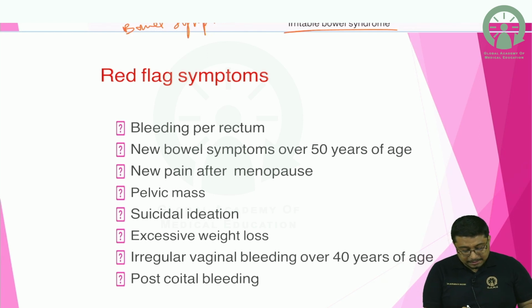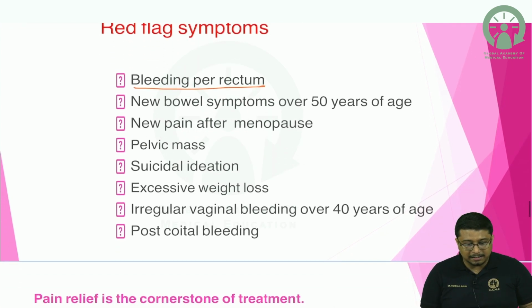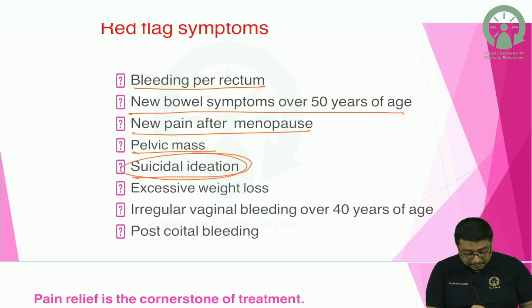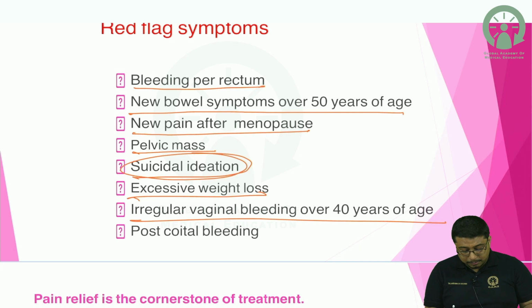Now, red flag syndromes are things which need immediate attention, like bleeding per rectum, new bowel symptoms over 50 years of age, new pain after menopause, pelvic mass, suicidal ideation, excessive weight loss, irregular vaginal bleeding over 40 years of age.